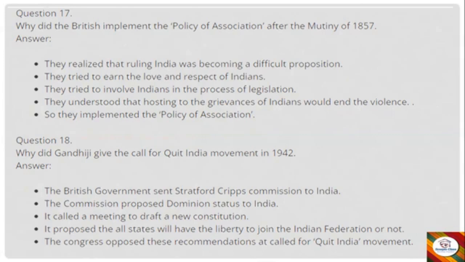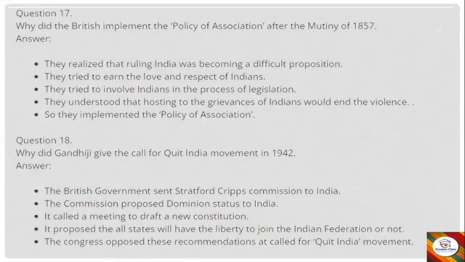Third point, they tried to involve Indians in the process of legislation. Next, they understood that listening to the grievances of Indians would end the violence. So they implemented the policy of association. So these points, you can remember them. It's mentioned in points so that you are easily able to remember it.